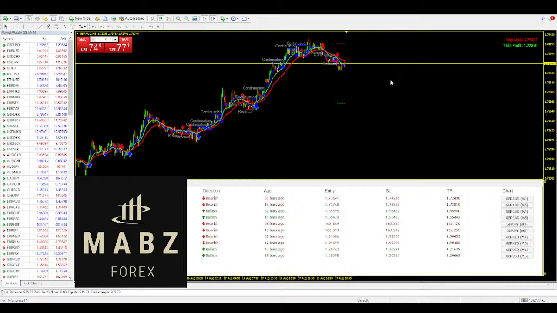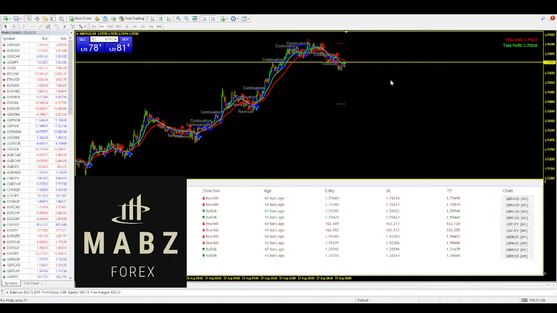So now, with that in mind, if you don't want to swing trade and you want to scalp using this trading system, what I would suggest is you use a combination of the smaller time frames, depending on how quickly you want to get your trades. You can set the system to show you the entries, the signals on the 1 minute and the 5 minute chart.